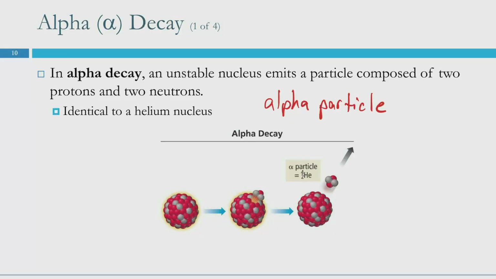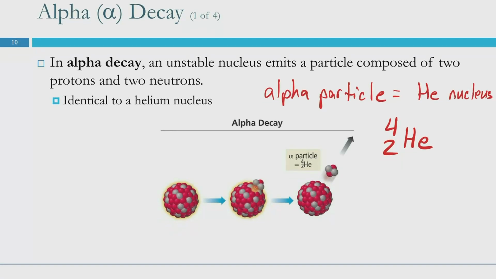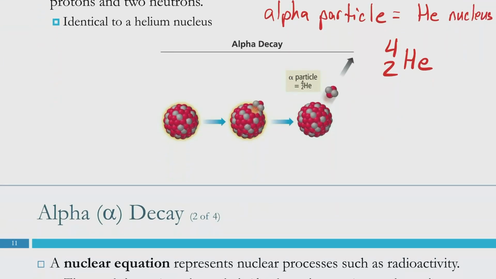So alpha decay emits an alpha particle, and it's the same as the helium nucleus, because there's no electrons that are emitted in alpha decay. So 4/2 He, that's our alpha particle. Helium's got 2 protons, 2 neutrons, so 4/2 He.